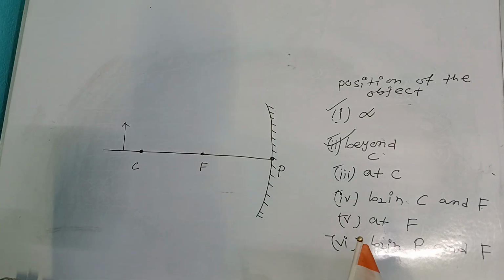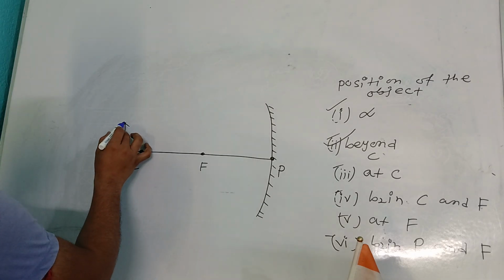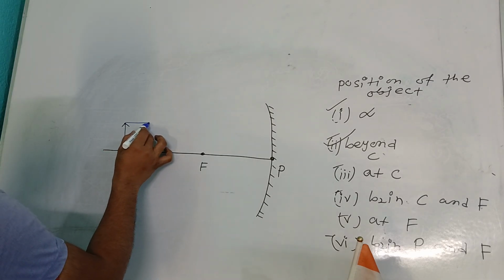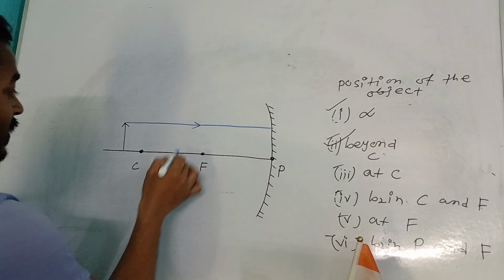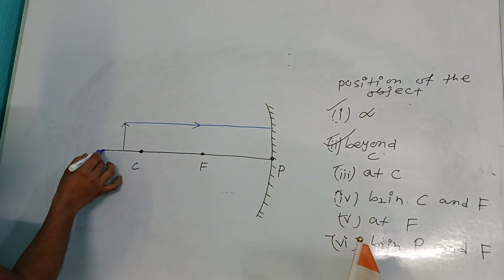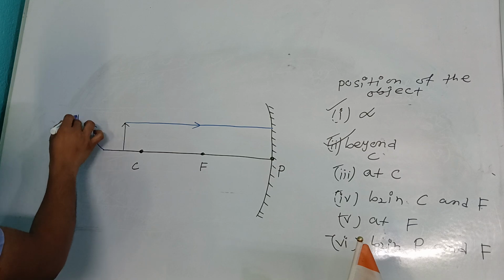Now we have to apply the rules. First, I am taking one ray which is parallel to the principal axis.